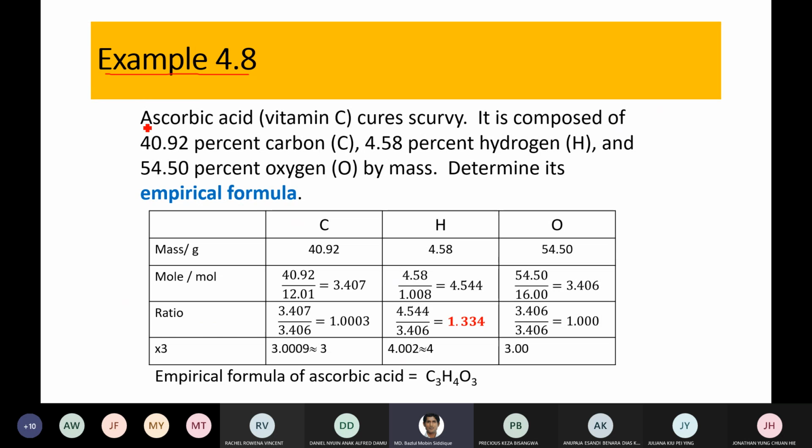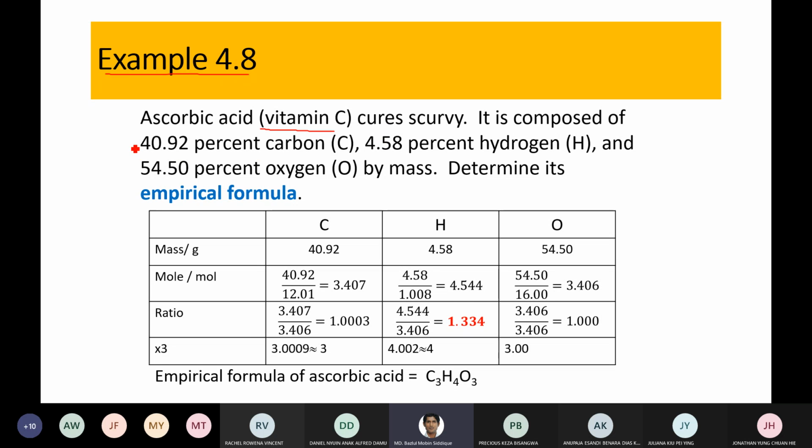Okay, so for this ascorbic acid, which is vitamin C that we see in lemon juice or in many fruits, this vitamin C is very important for the human body, because we cannot produce it. We have to get it from foods or outer sources.